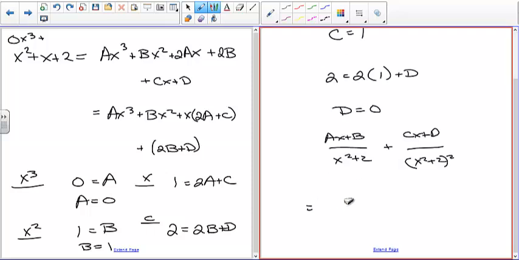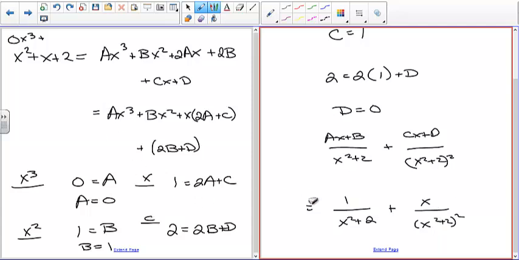With a equal to 0, we'll have b, which is 1, divided by x squared plus 2. And c is equal to 1, so we'll have 1 times x, so we'll have x, and d is 0. So we get x over x squared plus 2 squared.